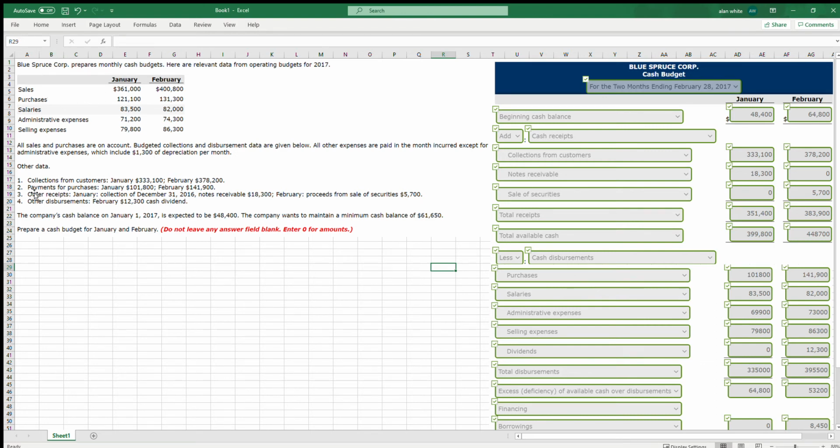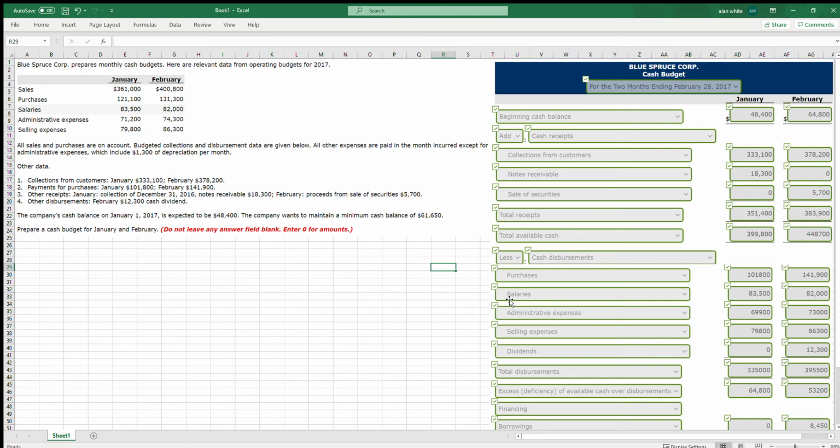So that's under point 2 here, our payments for purchases. Normally I would expect that to say payment for purchases here, but I recognize that the problem doesn't give that option and it makes us select purchases here. So payments for purchases are going to be $101,800 for January, and for February it's going to be $141,900.